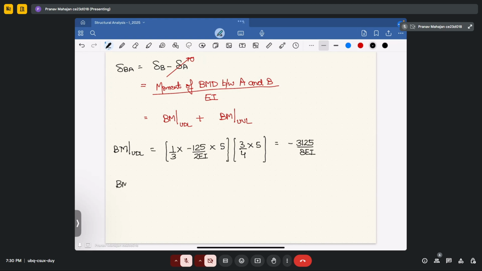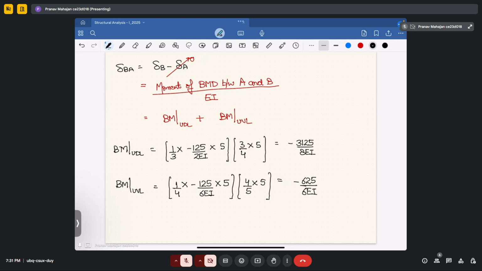Similarly for UVL, if you try to find out, it will be equal to first area 1 by 4 into 125 divided by 6 EI into length and the moment, it will come out as 4 by 5 of 5 and it will be equal to minus 625 upon 6 EI.